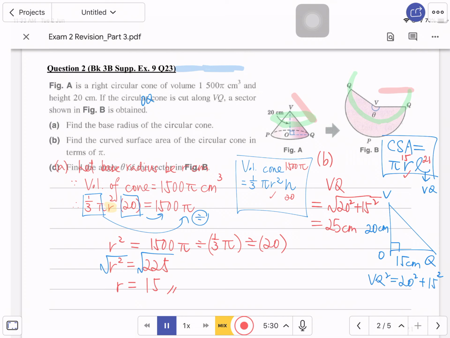You now know that L is 25, so the curved surface area that we need is pi times 15 times 25, which will be 375 pi. You need to keep the answer in terms of pi as mentioned in the question.